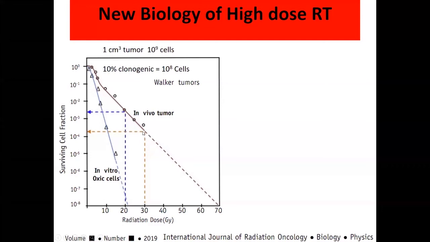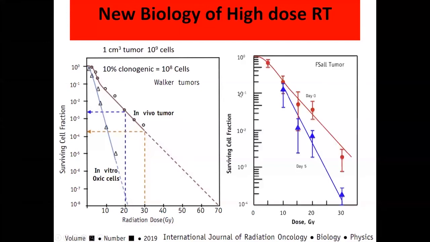Based on this curve, 20 and 30 gray will give just a 3 log or 4 log reduction, so we should not expect excellent tumor control. But in the clinical setting, we are getting excellent tumor control, which means that naturally some more processes of cell kill also contribute when you deliver a single high dose per fraction.